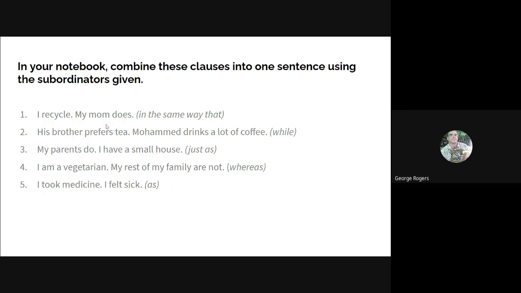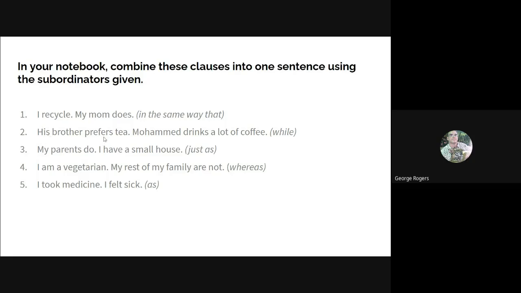Now, if you just add my mom does, you don't know that recycle is being used if that's all you saw. That's what makes it dependent. There's information missing. It's not always information missing, but let's look at number 2.